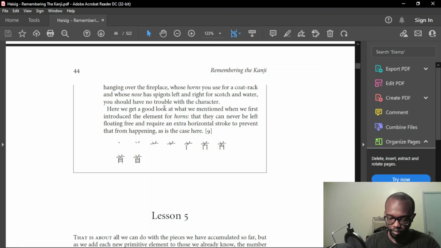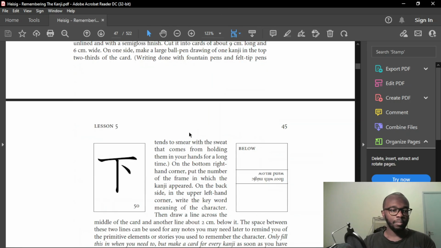So let's say on everyone's neck, if you zoom in, you will see horns attached to a long nose. Horns attached to a long nose.